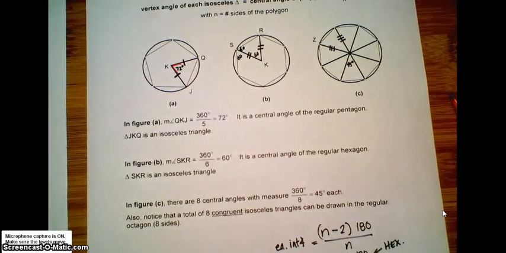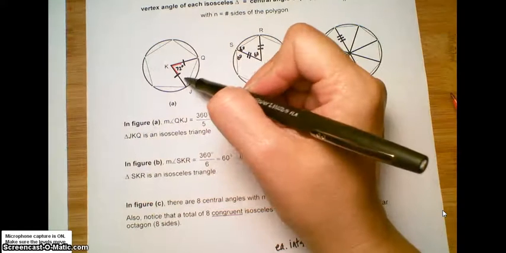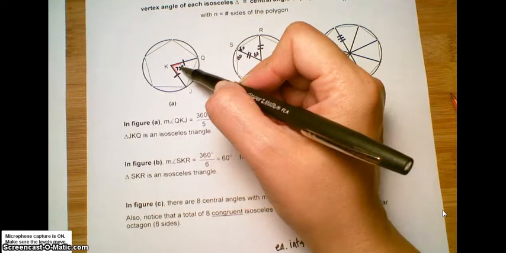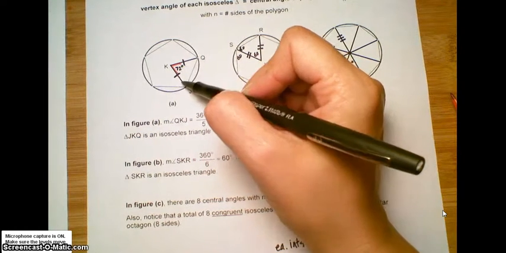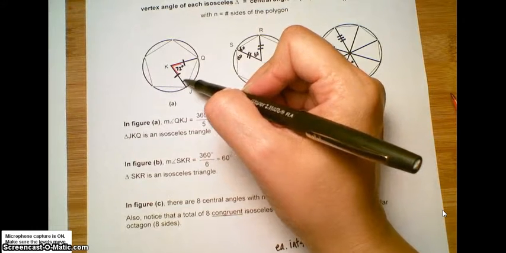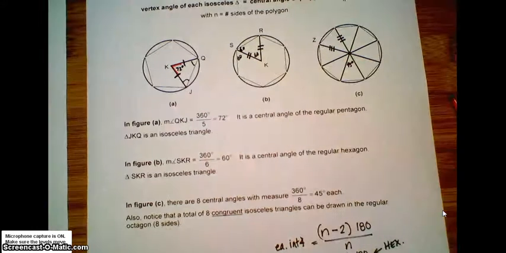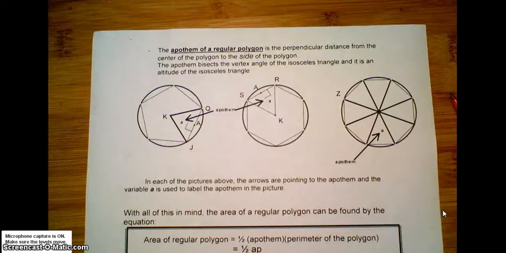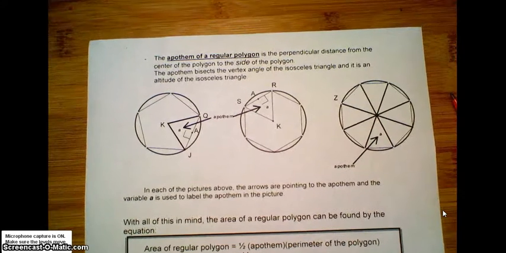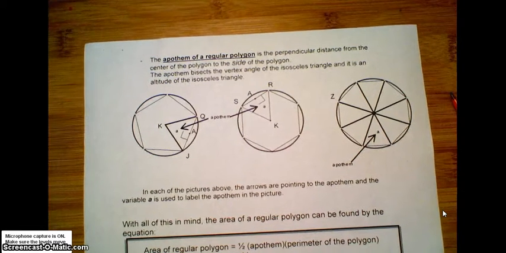Something to keep in mind is another way to get the angles in the triangles, besides the vertex angle and then the base angles, of course, being congruent. Okay, so we're going to move on to page 3 and a little bit more vocabulary. On page 3 we have a fancy word called an apothem.